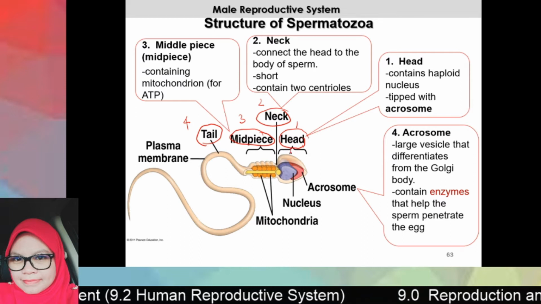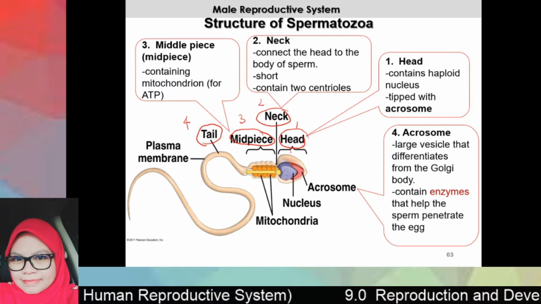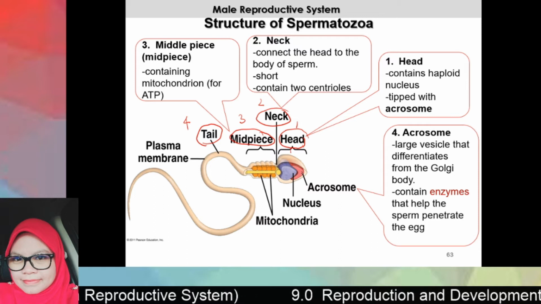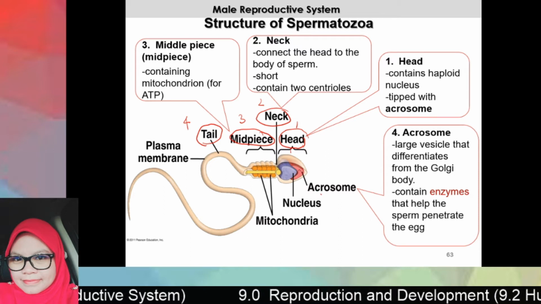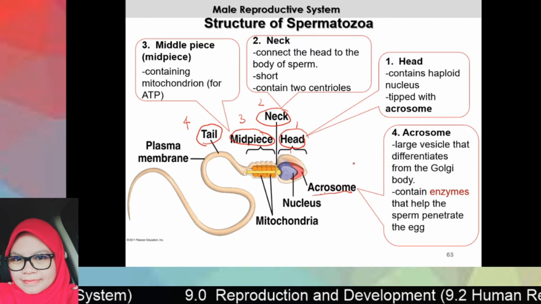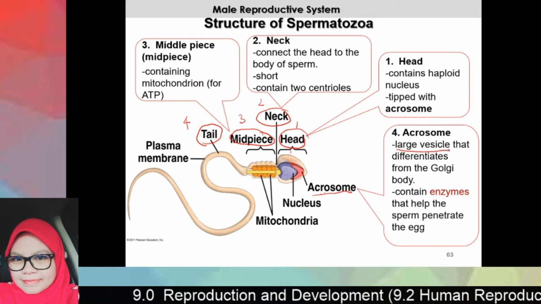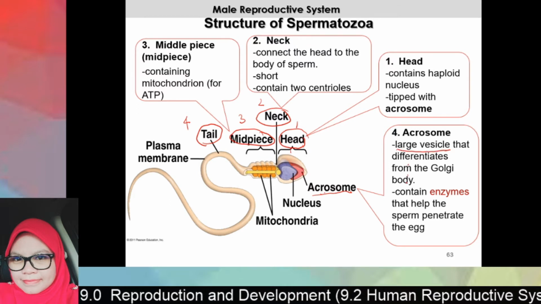Now focus on the structure of the head. In the head of sperm, it must have the acrosome. What is the acrosome? Acrosome is a large vesicle that differentiates from the Golgi body.